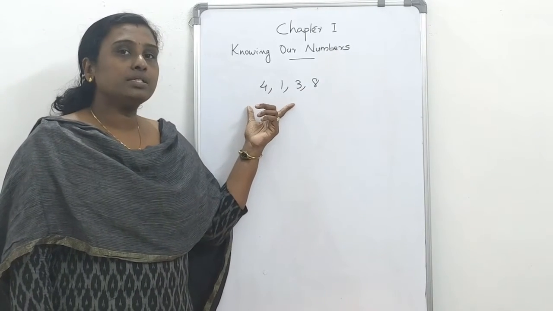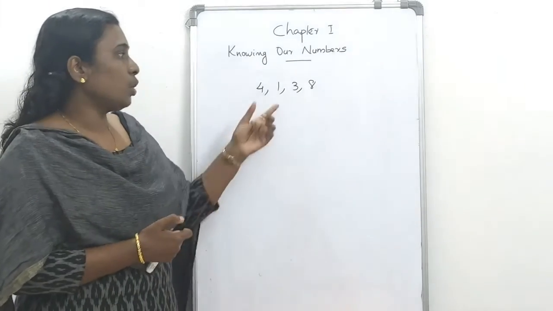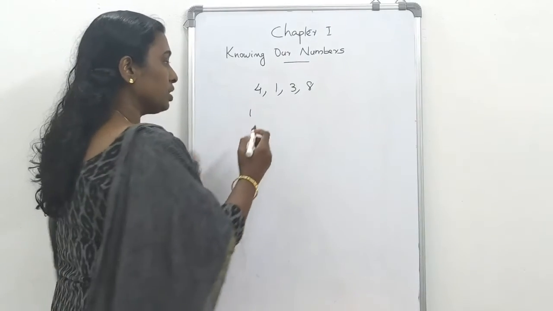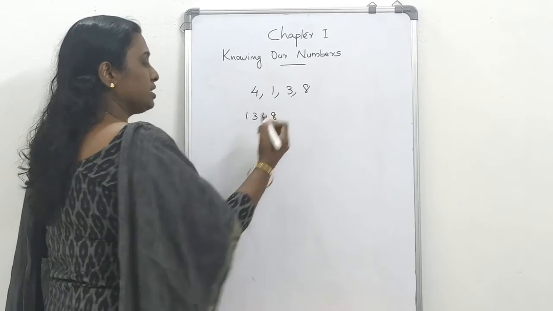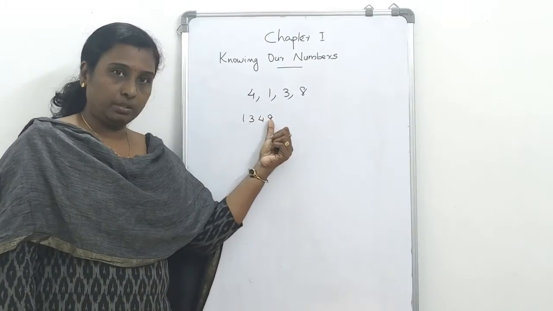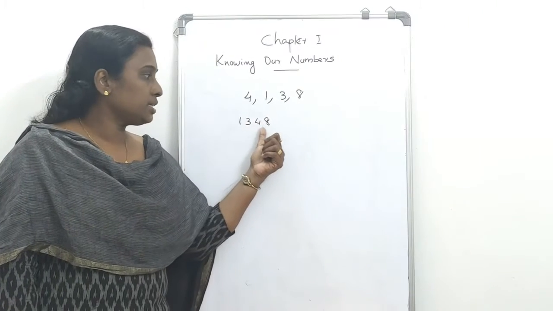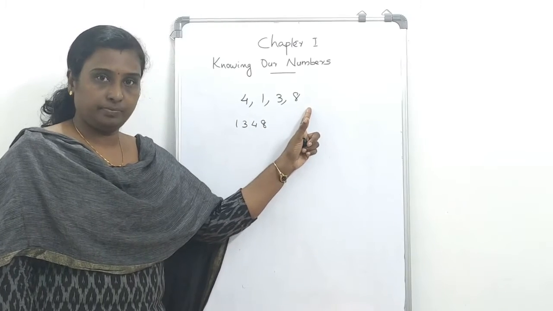Here, ascending order means arranging the numbers from smallest to largest. Here, the smallest digit is 1. The second smallest is 3. The next one 4, next 8. I arrange these digits in ascending order. Therefore, 1348 is the smallest 4-digit number from these digits.